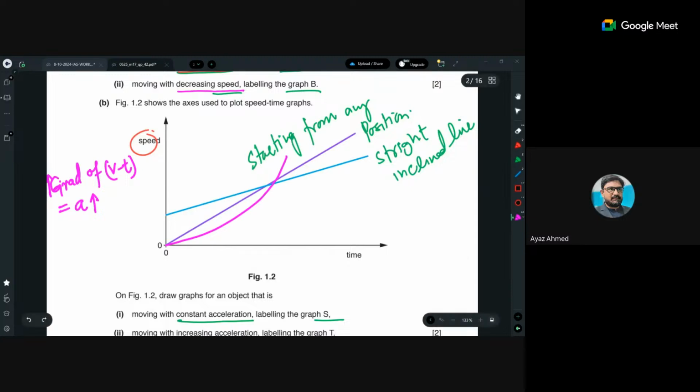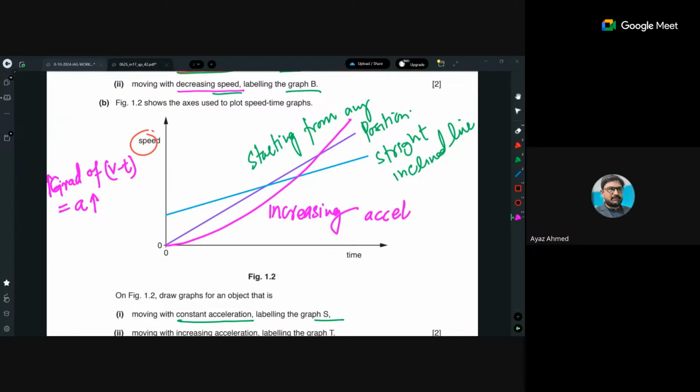Is it clear? That is your increasing acceleration. No limit of increasing acceleration. You can just increase the gradient, because the gradient of the graph increases. Got it?